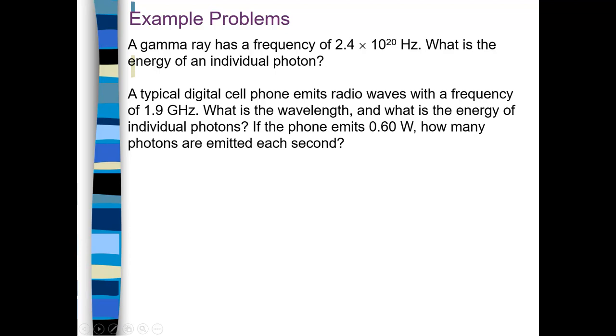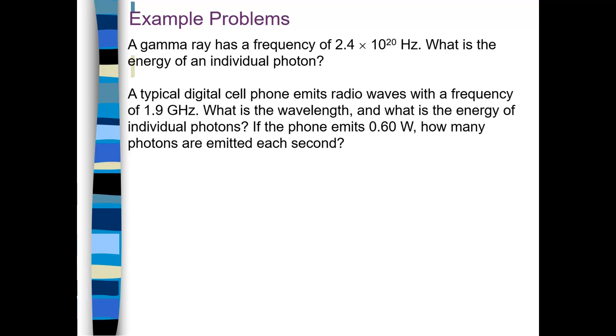So we know that the frequency is 1.9 times 10 to the 9th hertz. Our power is 0.60 watts. Planck's constant is 6.63 times 10 to the negative 34th joule seconds.